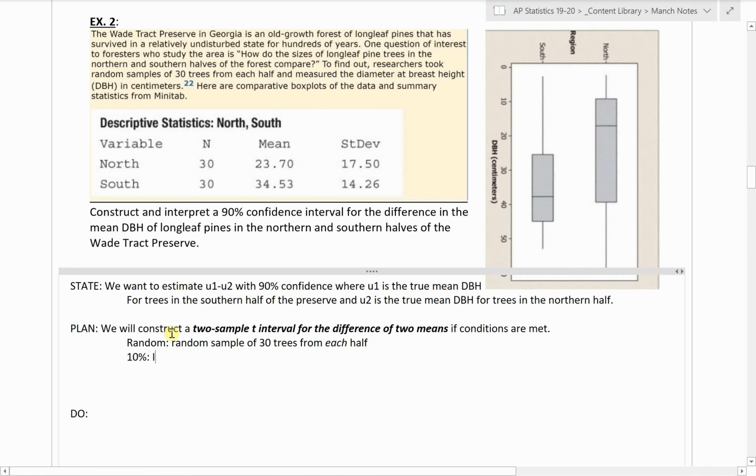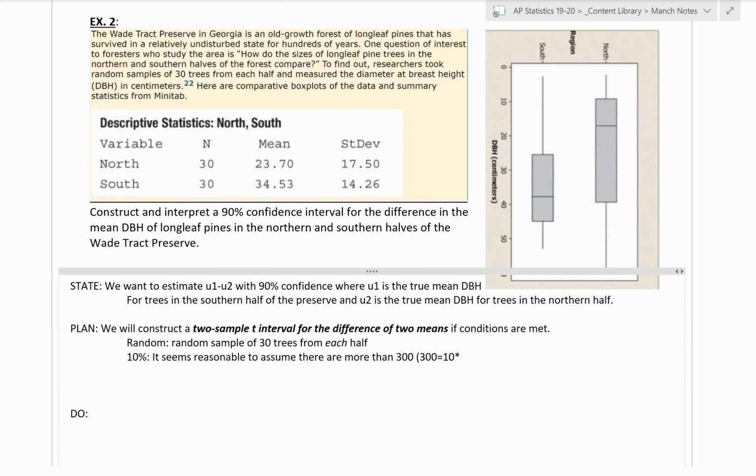So it seems reasonable to assume there are more than 300, which is 10 times 30, our sample size. More than 300 trees in each half of the forest, and the 10% condition is met.